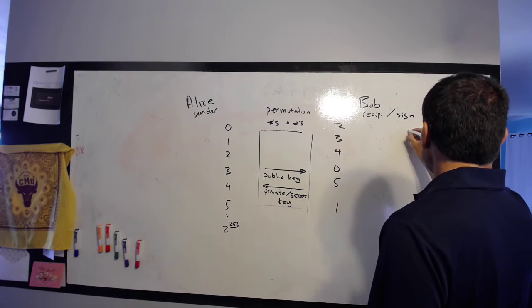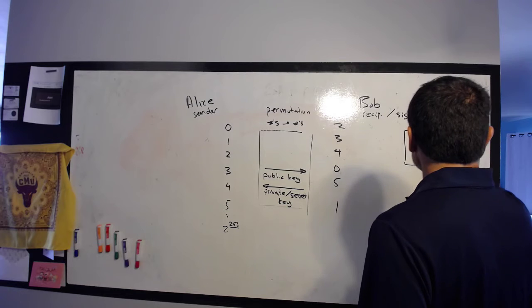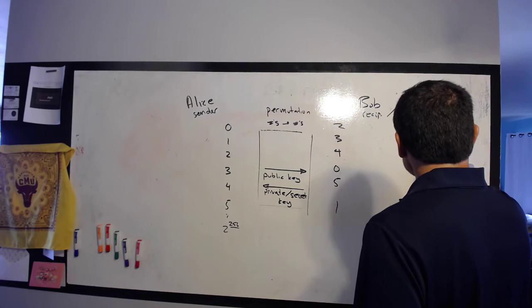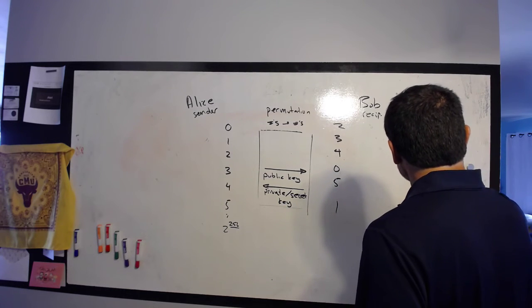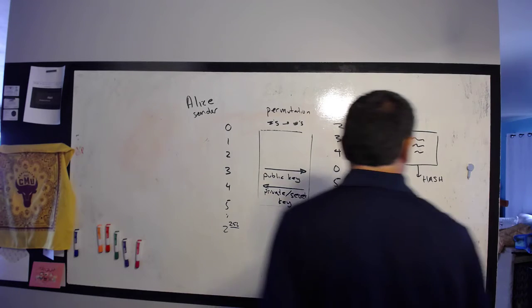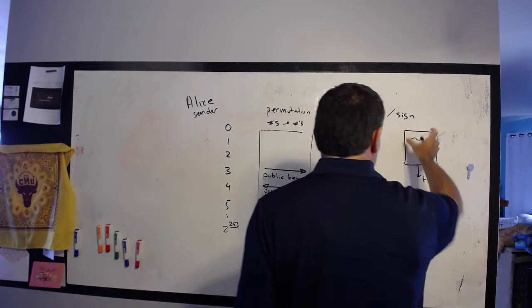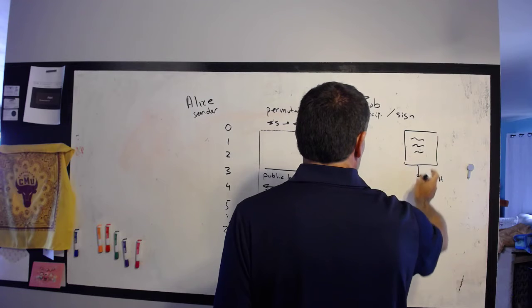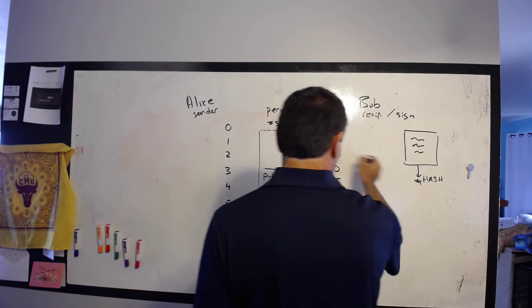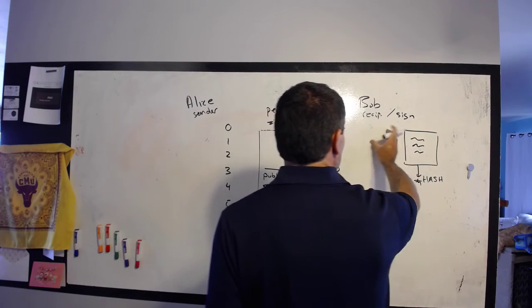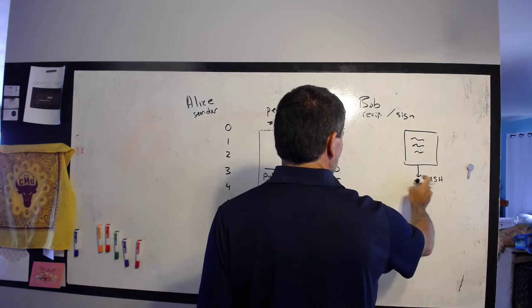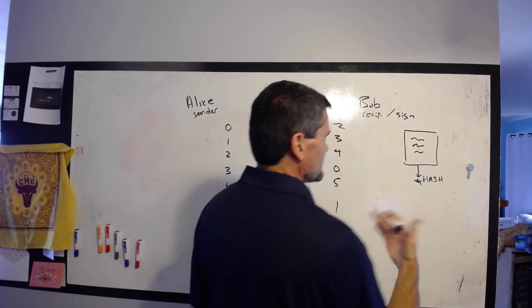The first step is you take the initial document, whatever it is, and you compute something called a hash. You will see a video of how that is done. But basically, for every document, it comes up with a number on this list. If you pick two different documents, the number will be different, almost guaranteed.